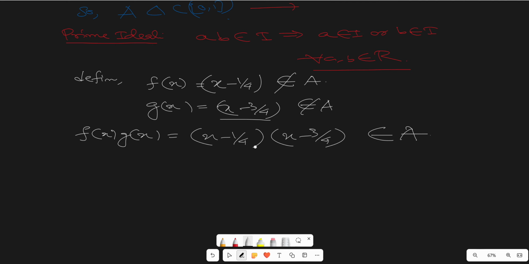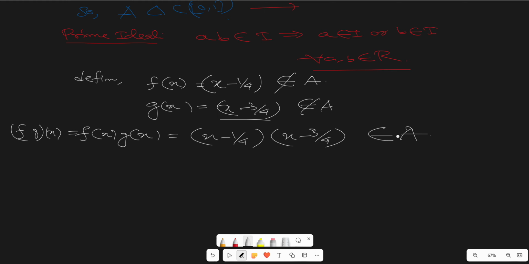Because this is vanishing at 1/4 as well as at 3/4. Am I clear? So f dot g at x, this is f(x)g(x), is inside A.